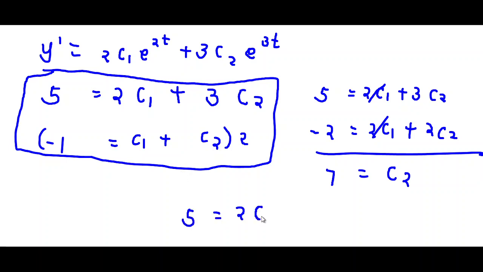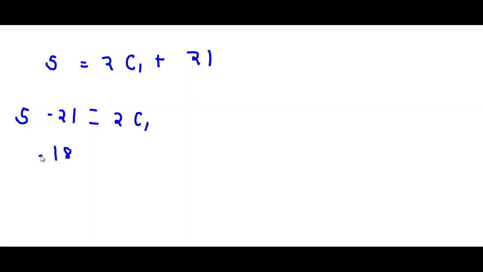equals 2c1 plus 3, the value of c2 is 7, so we're going to be left with, let us write on a new page, 5 equals 2c1 plus 3 times 7 is 21, so I'm going to write 2c1, 5 minus 21 will be -16.